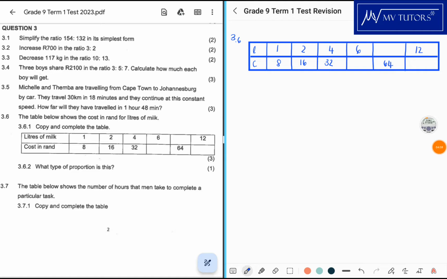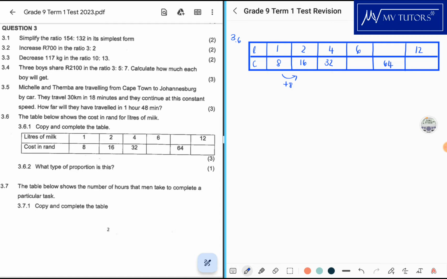All right, so we can see for 1 liter, it was 8 rand, and 2 liters, it was 16 rand. So we moved from 8 to 16, it was plus 8. And then we jumped to 4, but for 4, we can see that it was 32 rand.